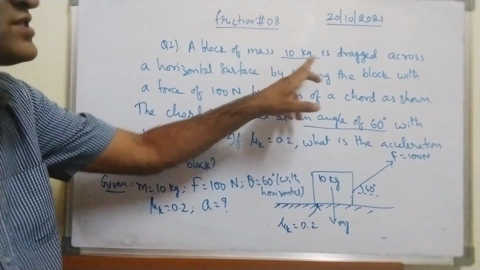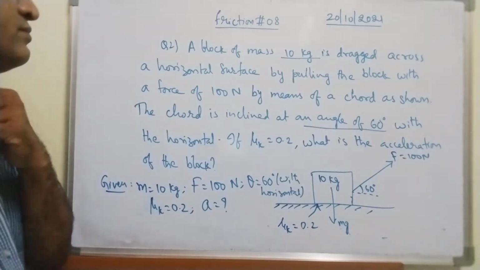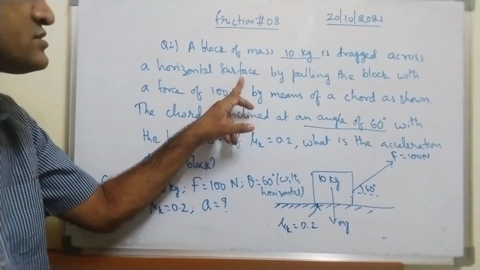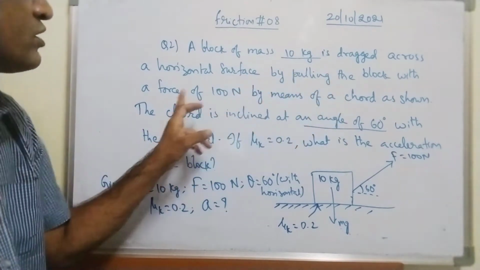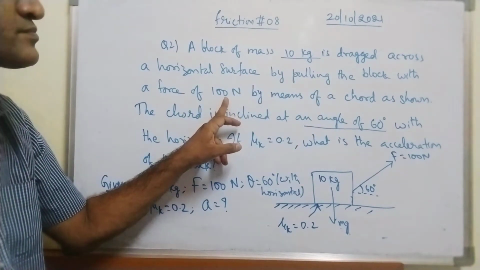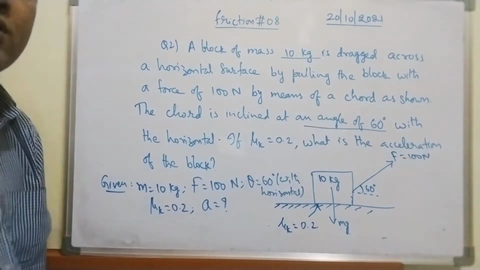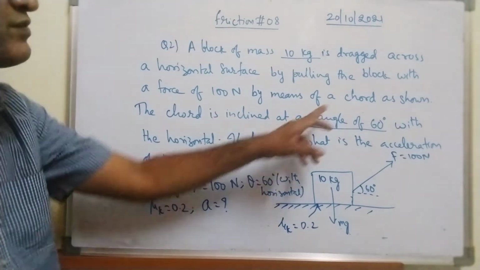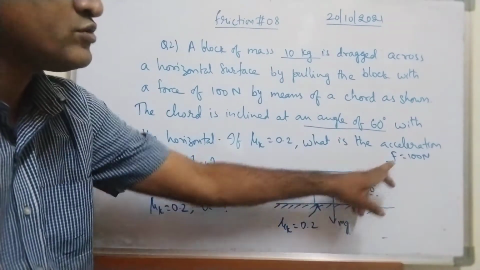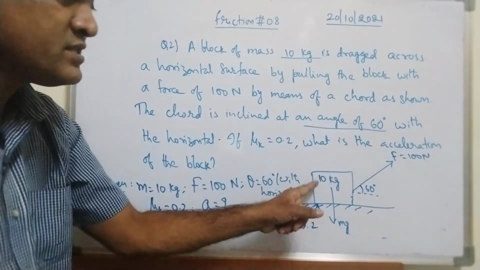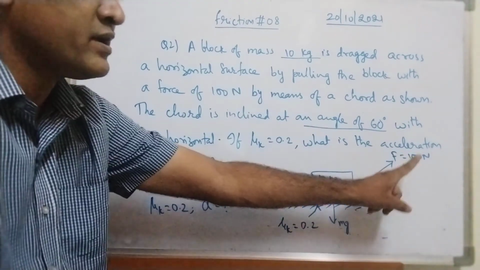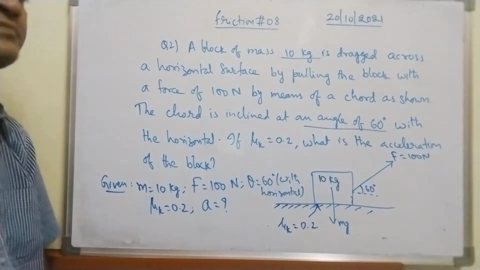A block of mass 10 kg is dragged across a horizontal surface by pulling the block with a force of 100 Newton by means of a cord as shown. Here this is a cord. You are pulling the block of mass 10 kg by applying a force of 100 Newton.